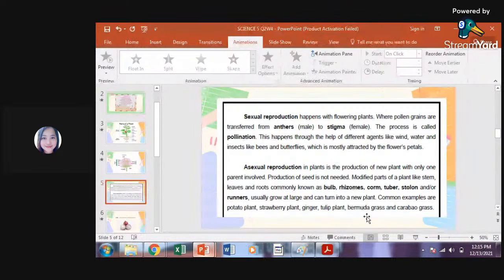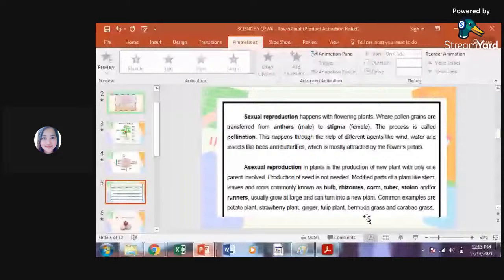So the other one is asexual reproduction, another way of producing a new plant with only one parent involved. In sexual reproduction, parts of the flower or the plant structure are involved, but in asexual reproduction, there is only one parent involved.